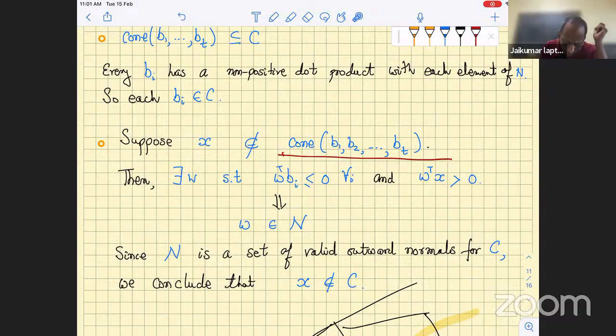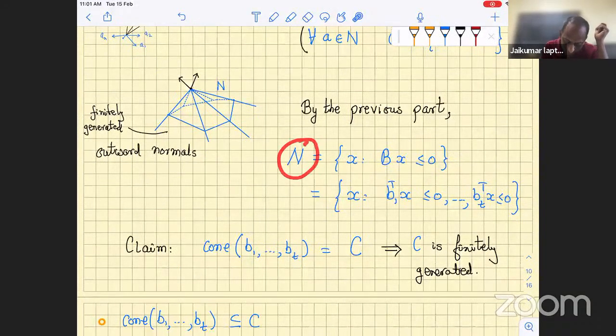Now, who are the fellows whose dot product with each BI is less than or equal to 0? That was the very definition of N. N was all those elements whose dot product with each BI is less than or equal to 0.